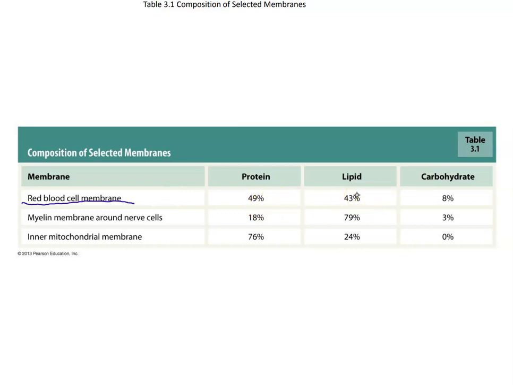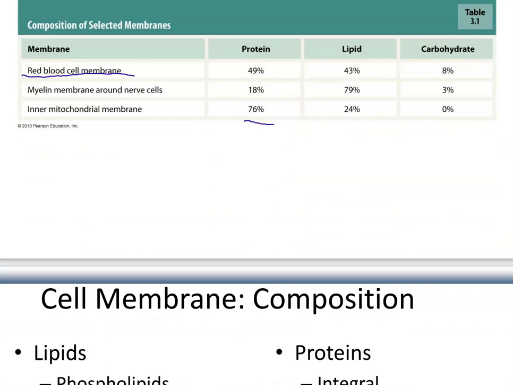The inner mitochondrial membrane, on the other hand, has even more protein. There are so many protein molecules, signaling molecules, and for the electron transport chain, these proteins are stuck in that phospholipid bilayer that now the protein is even the majority of the membrane.